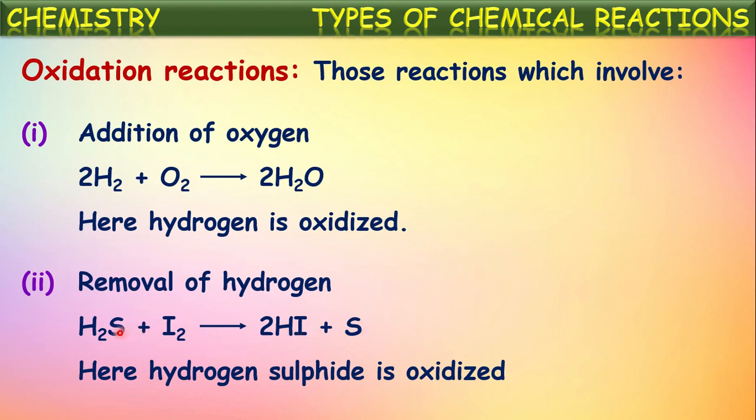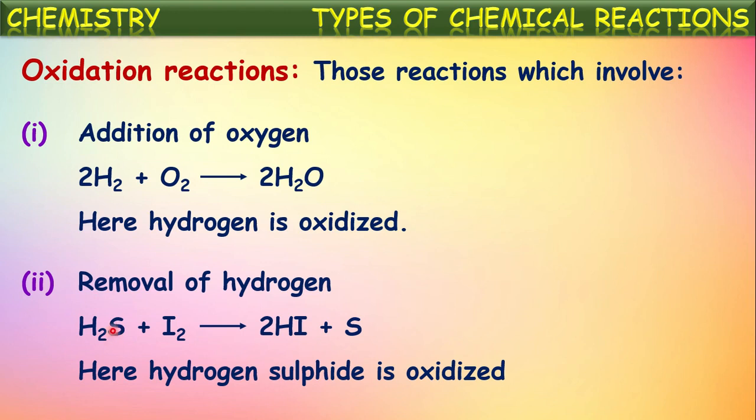If we observe this reaction, from the hydrogen sulfide, hydrogen is removed and sulfur remains finally. So what we can say here is hydrogen sulfide is oxidized because hydrogens are removed from the hydrogen sulfide substance.